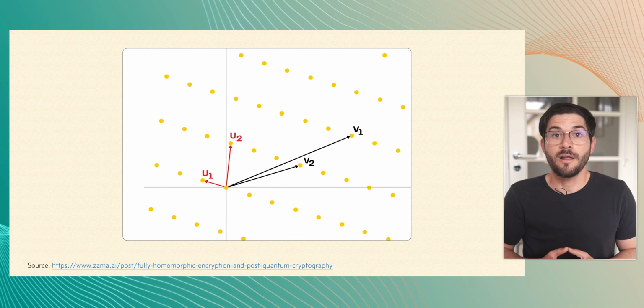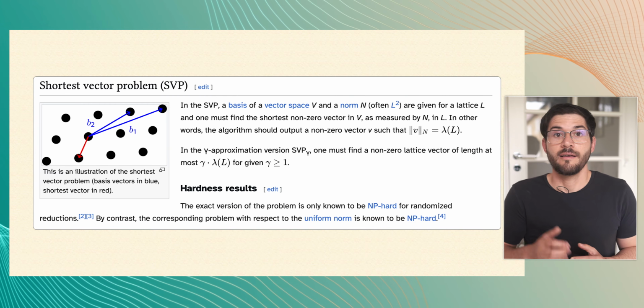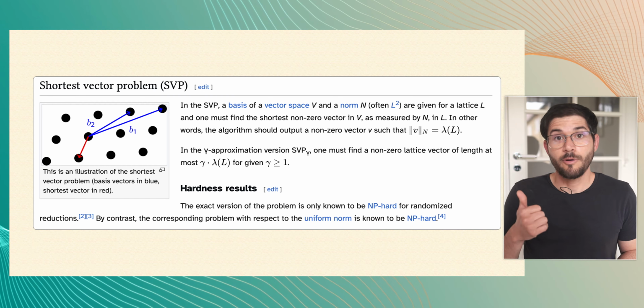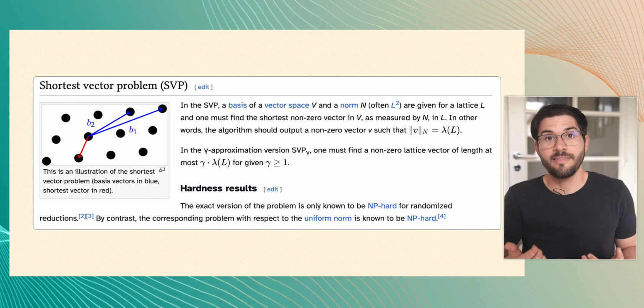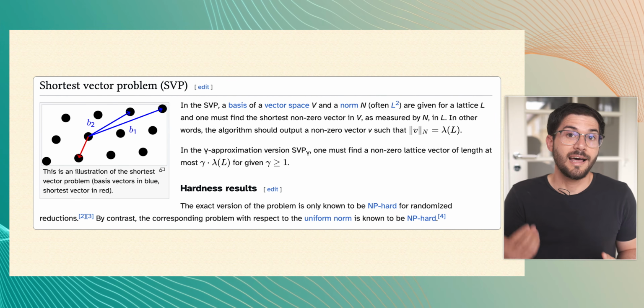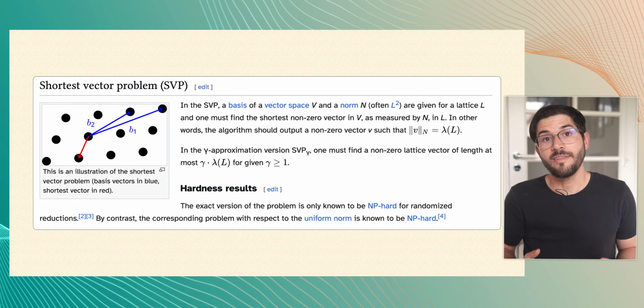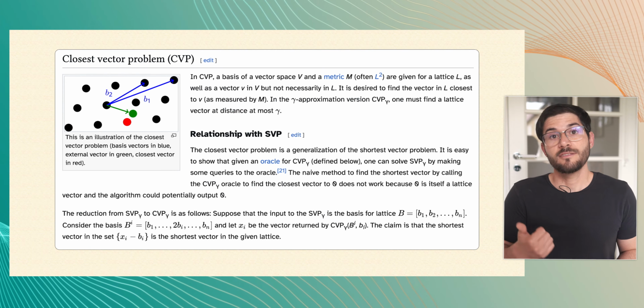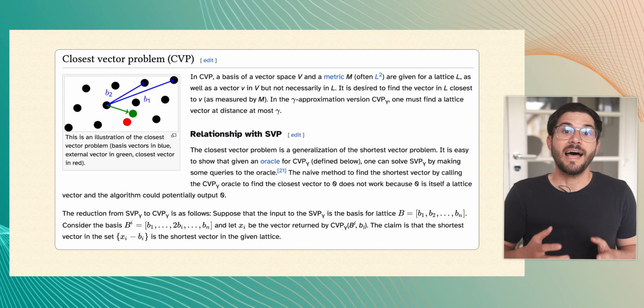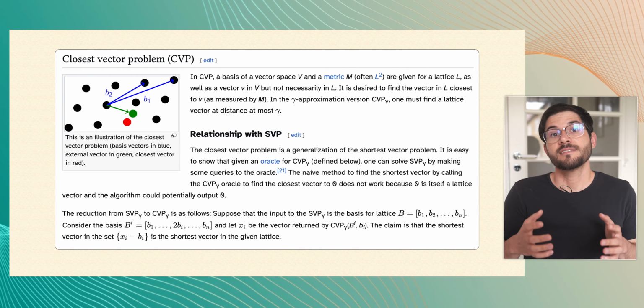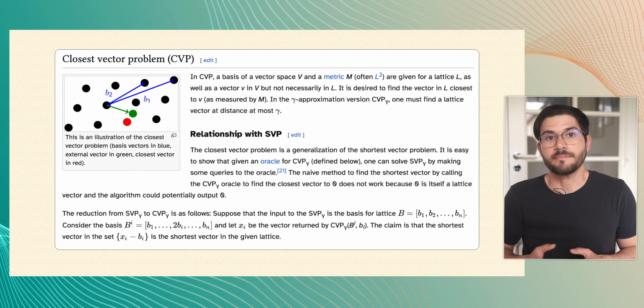Two of the most well-known examples are the shortest vector problem, or SVP, which is about finding the shortest path between lattice points. And another one is the closest vector problem, or CVP, which is about finding the lattice point nearest to any given point.